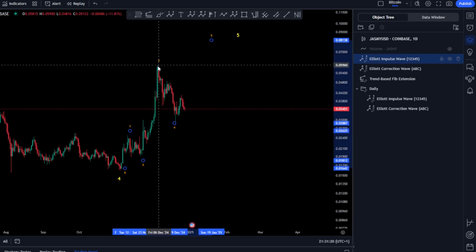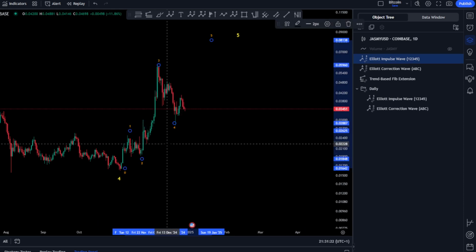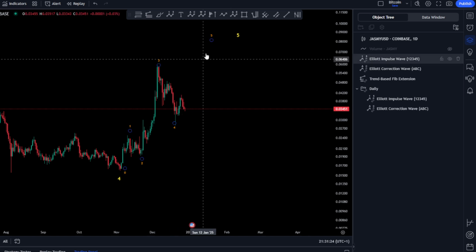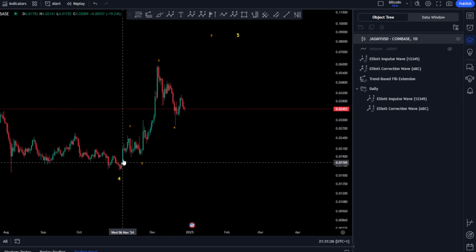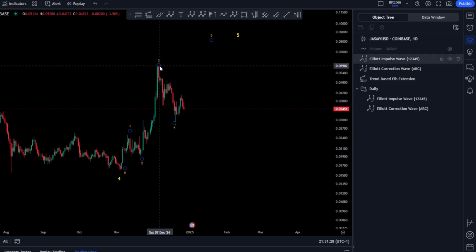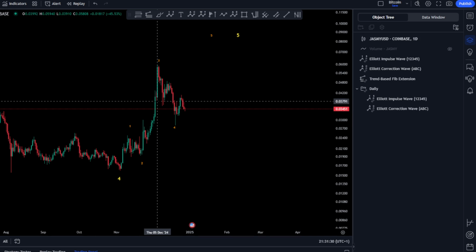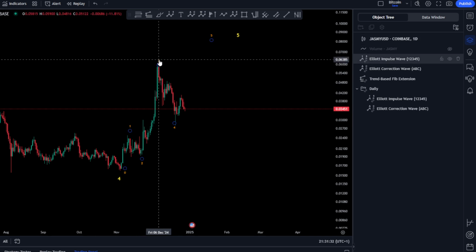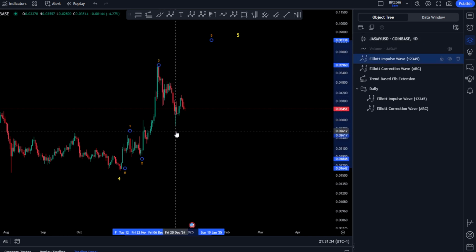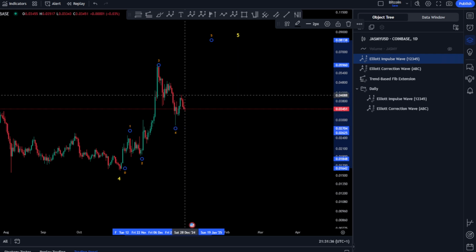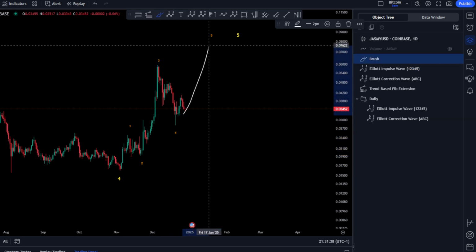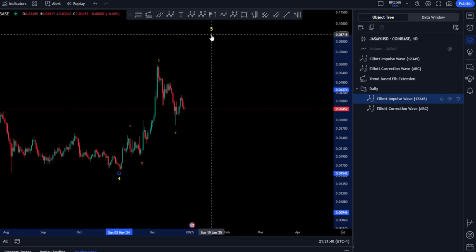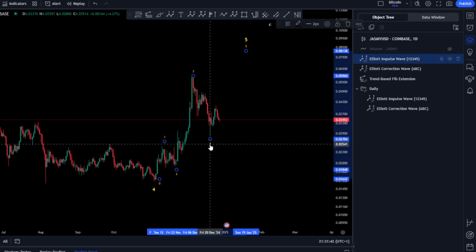We can see, of course, an unfinished wave 5 still. We have finished a wave 1, 2, and then 3. Of course, we have 1, 2, 3, 4, and a 5 for a wave 3, A, B, and a C for your wave 4. And we are still looking for higher prices now to reach, of course, a wave 5, finishing also the wave 5 in the yellow scenario.